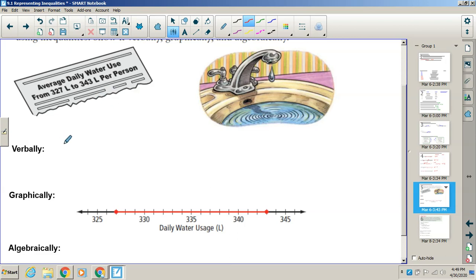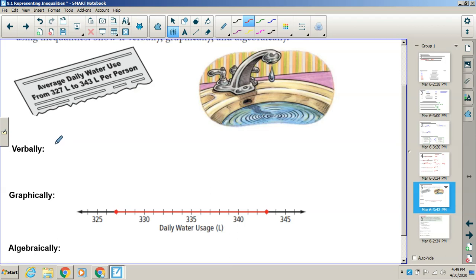But verbally, we can describe what that headline is saying. So what it's saying verbally, and I won't write it down, we'll just talk about it, but daily water use is greater than or equal to 327 liters, and daily water use is less than or equal to 343. So it goes from 327 to 343. So, well, maybe I will write it down.